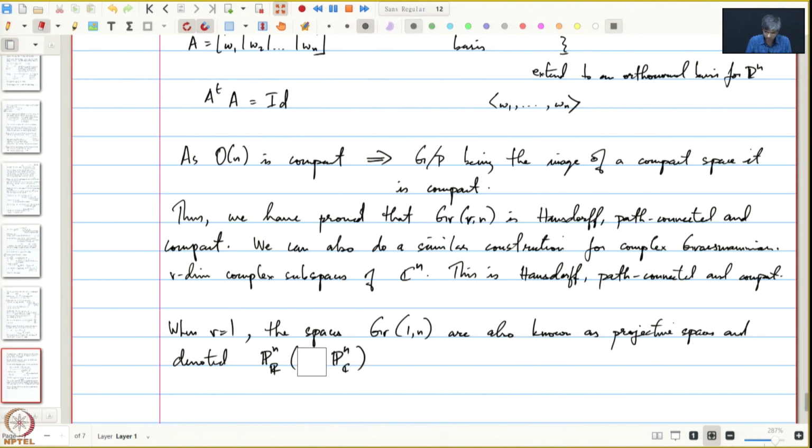Depending on the underlying field, we can do this entire construction for the real numbers or for complex numbers. So this is the real projective space and this is the complex projective space. So we will end this lecture here.